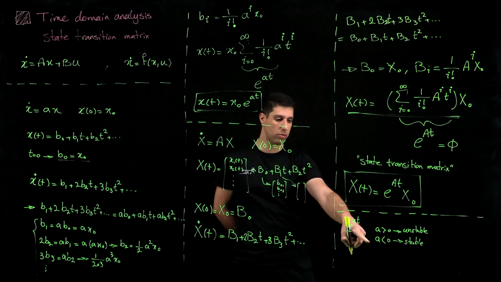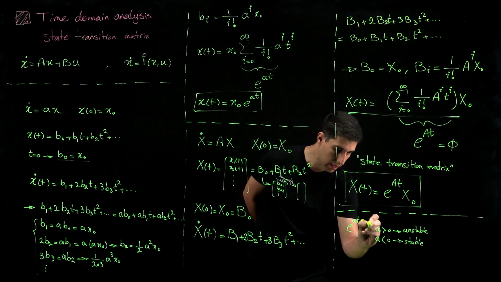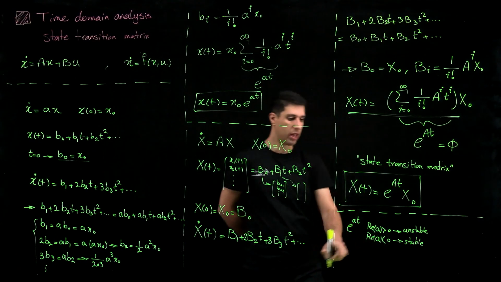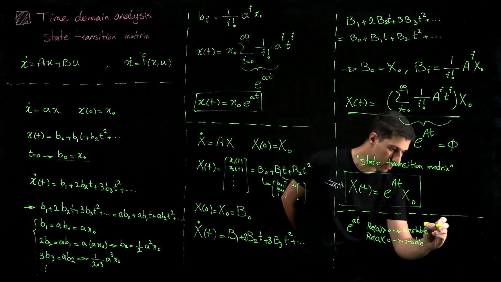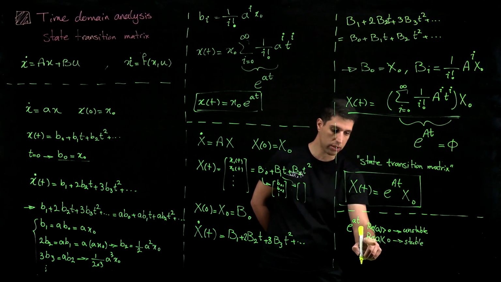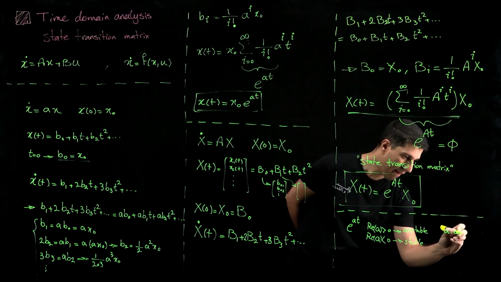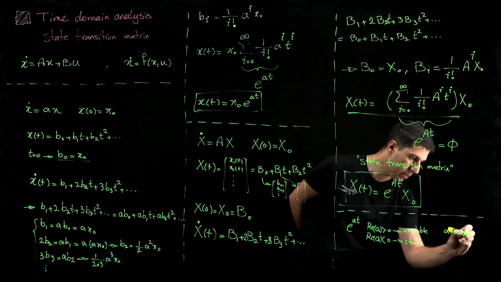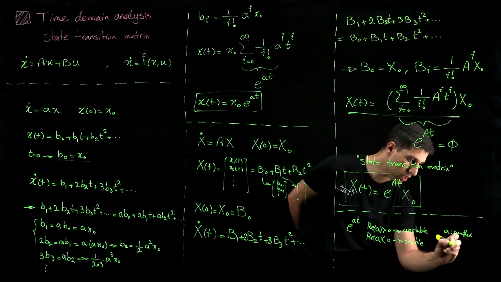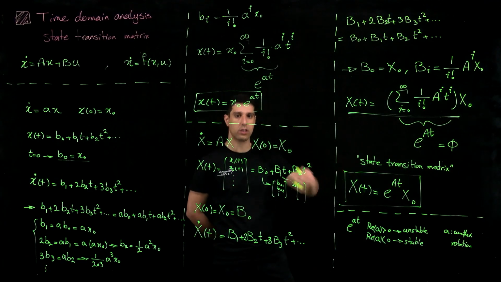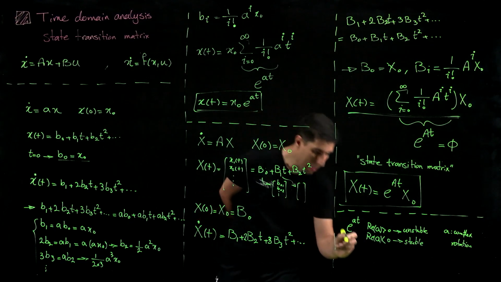Same situation with the real part of a. And if you had imaginary parts, a was a complex number, you would have rotations in your response, so your system would oscillate.